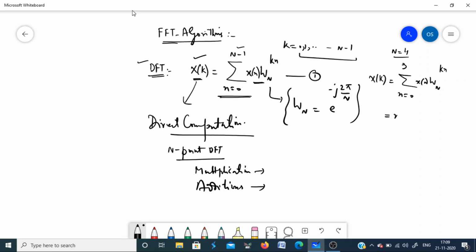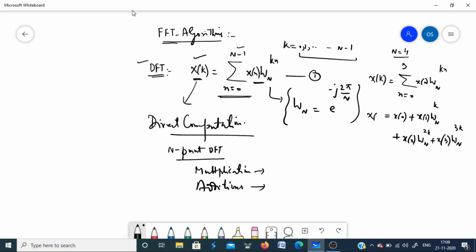So it will be x0 plus x1 W_N to the power k, then plus x2 W_N to the power 2k, and finally x3 W_N to the power 3k.